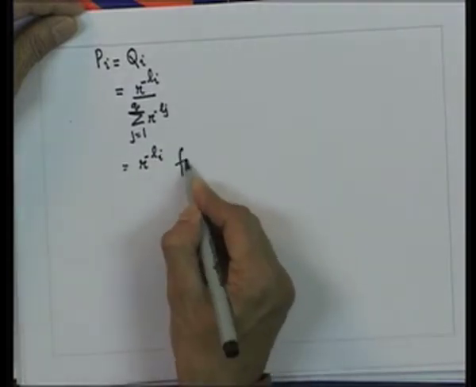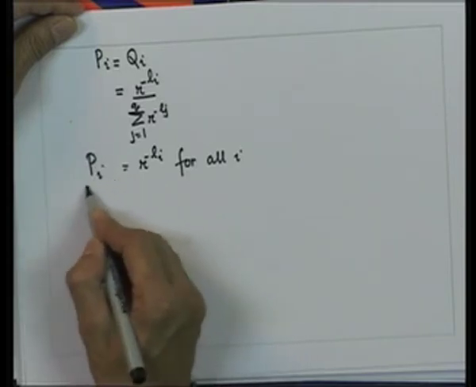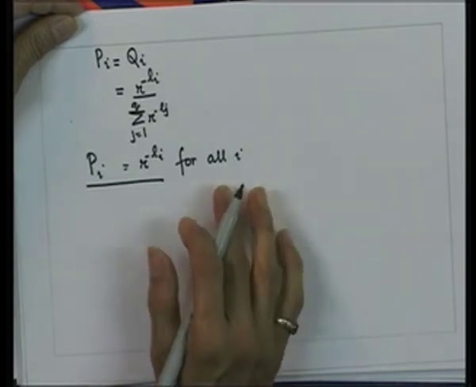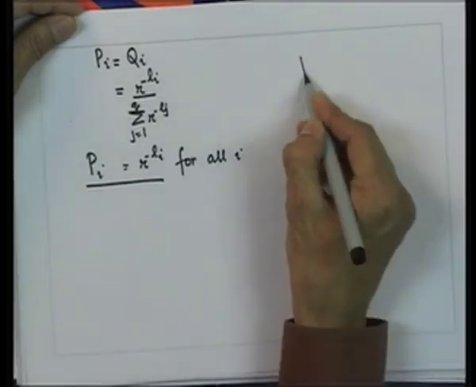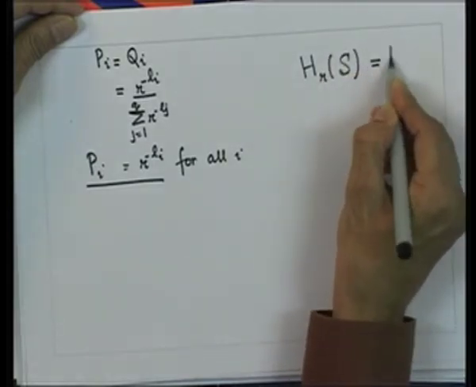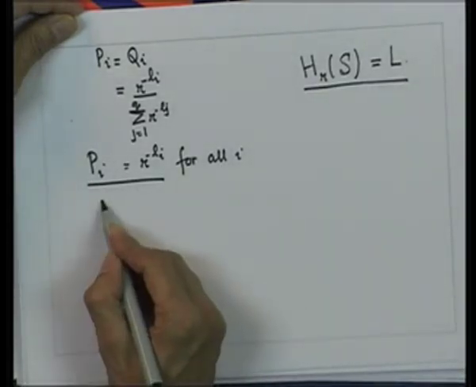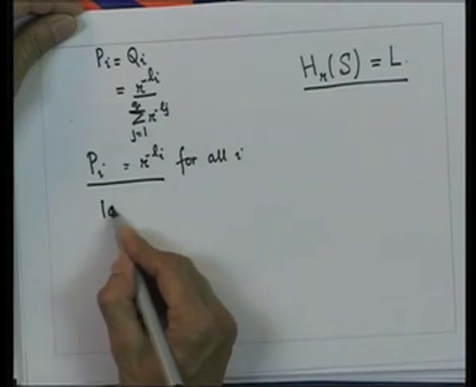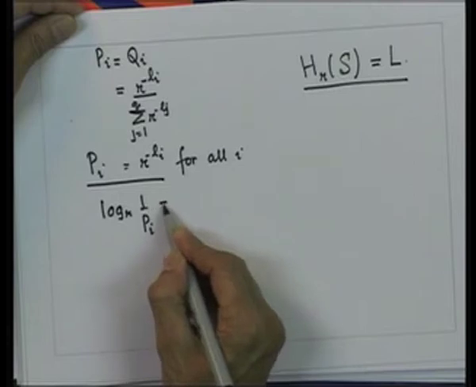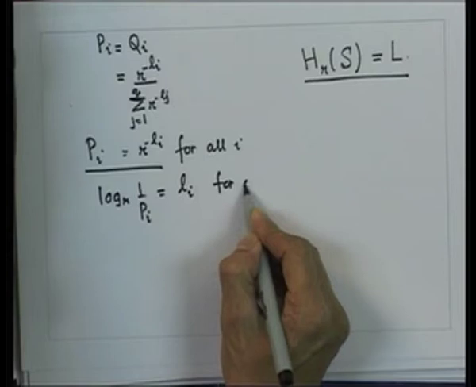So, if I have Pi satisfying this relationship for all i, then I will get the equality, that is H_R(S) is equal to L. So, this also means that log to the base R of 1 by Pi is equal to Li for all i.